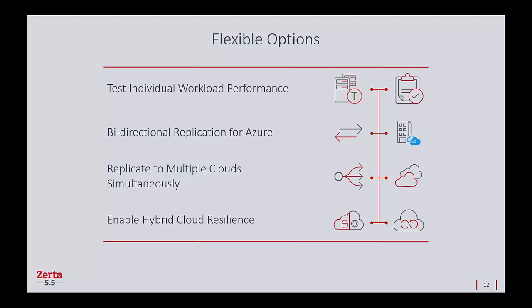I mentioned as well there, a lot of businesses are not necessarily looking at a single cloud. With the 5.0 release that we did last year, we included the one-to-many replication feature. What this does is enable you to place any VM in up to 3 virtual protection groups, meaning that you can replicate that individual VM, or it might be a group of VMs, depending on how you set things up, to up to 3 different locations at a single time.